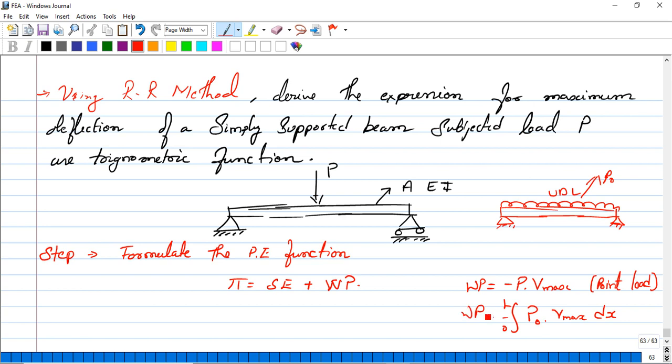You should know how to represent work potential for a point load, and the same when it is a UDL. The strain energy will remain the same.